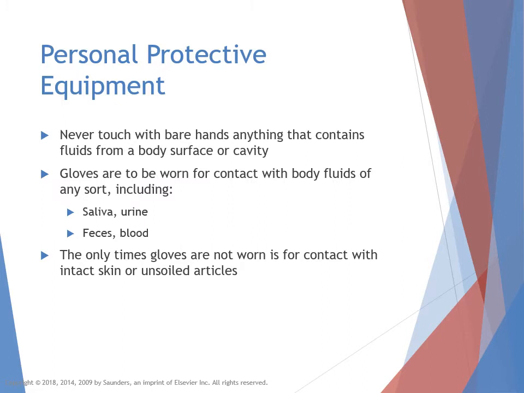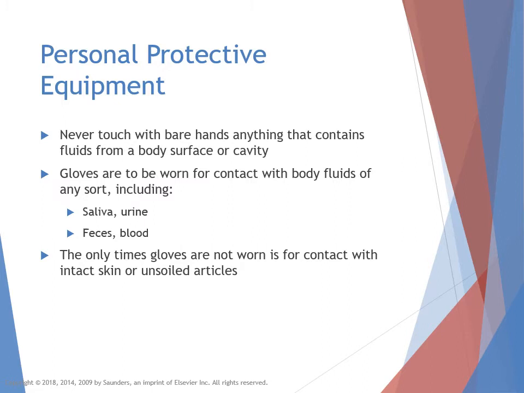Anytime we're seeing fluids, we want to make sure that we're wearing gloves. Gloves are to be worn for contact with body fluids of any sort, including saliva, urine, feces, or blood. So if it's moist and it's from the body, we need to use gloves. The only time gloves are not worn is for contact with intact skin or unsoiled, not moist, articles. So at those times, we could avoid wearing gloves.